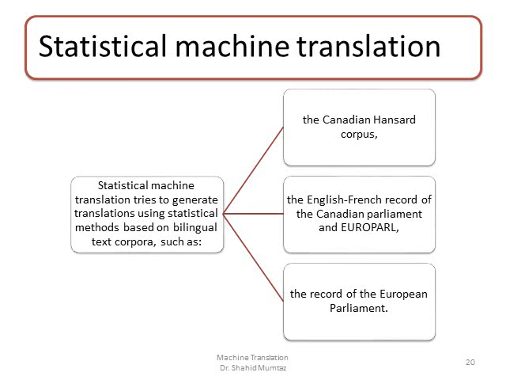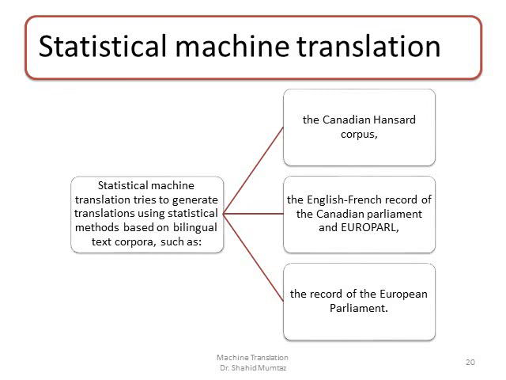Statistical machine translation. Statistical machine translation tries to generate translations using statistical methods based on bilingual text corpora.